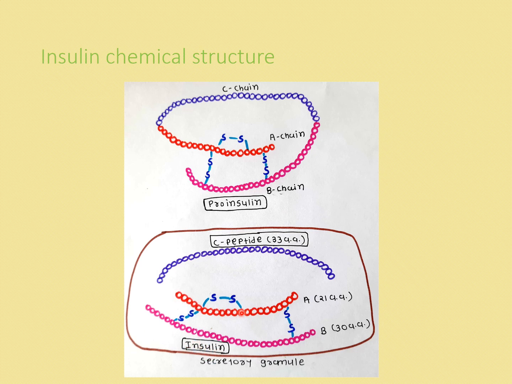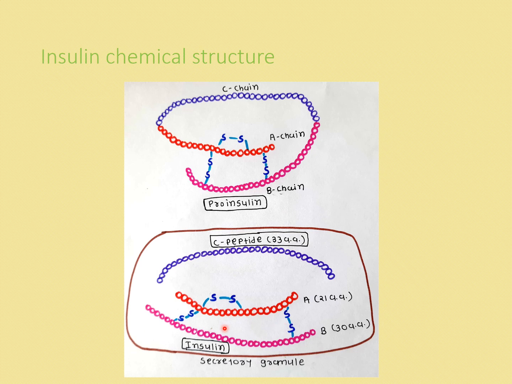So A chain has 21 amino acids, B chain has 30 amino acids, means total 51 amino acids. So you can call it a small protein hormone or polypeptide hormone. So insulin A and B chains are connected by disulfide bonds.